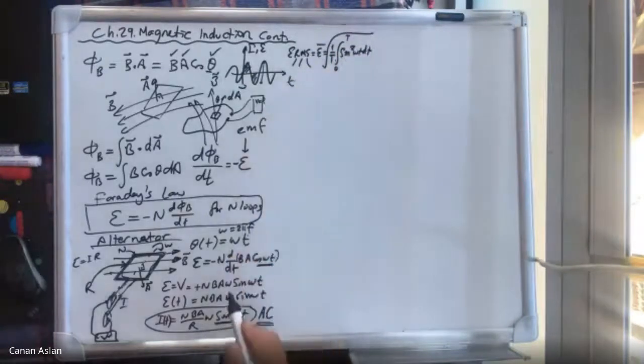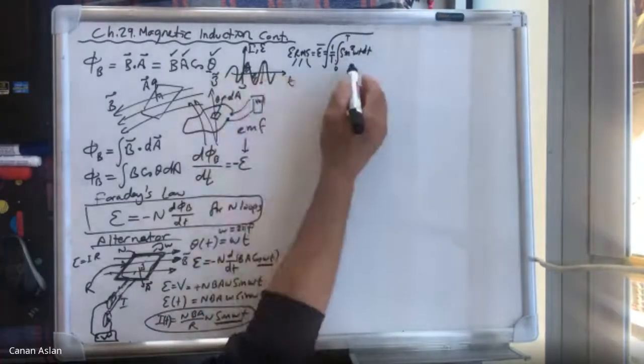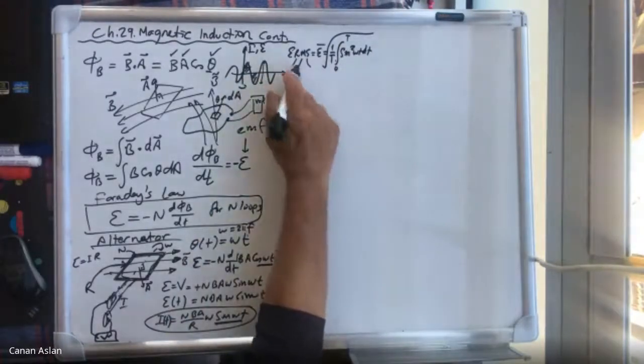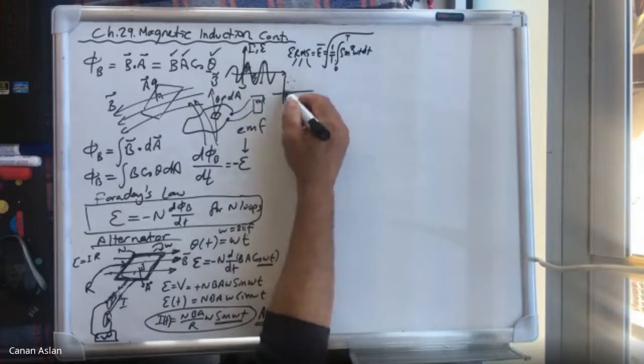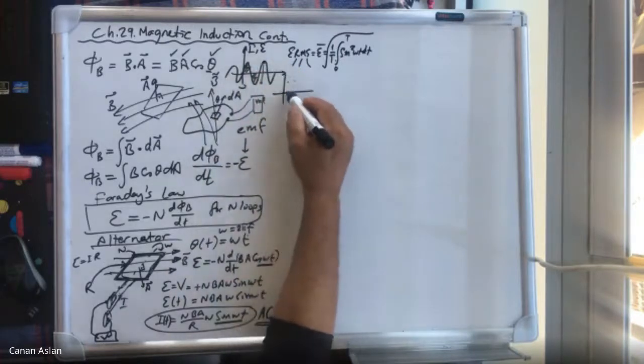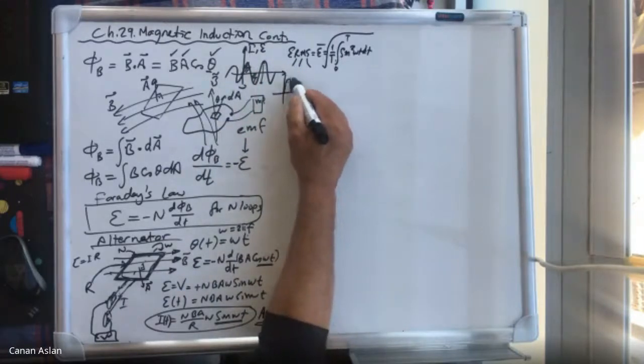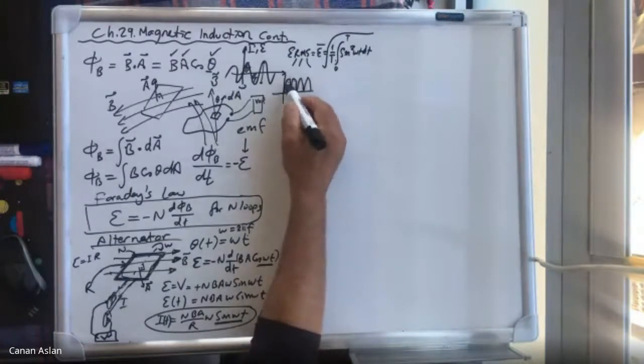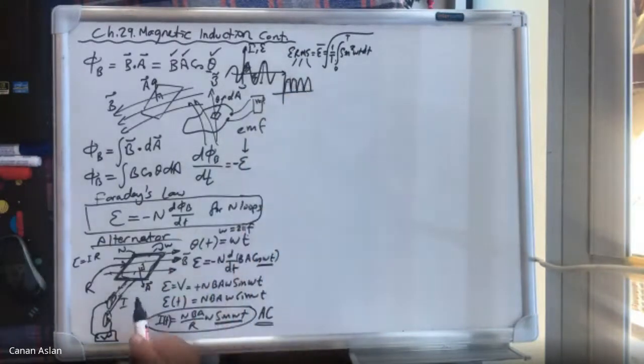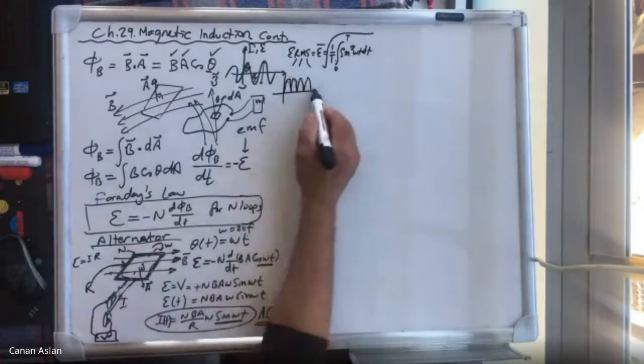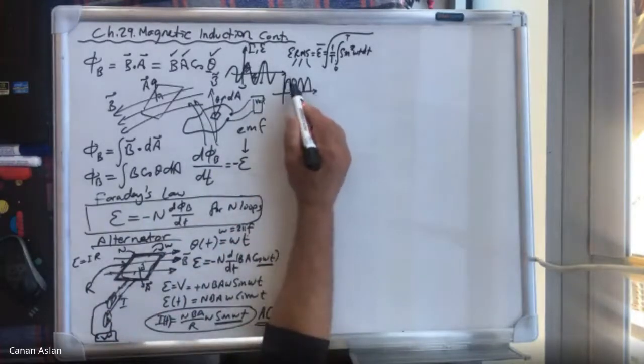So as you see, although sine omega t gives 0, the average of sine square omega t is a function like this. So these negative parts are flipped to the upper part, and probably the lengths are a little bit longer because you're squaring. All these negative parts are flipped over, and then everything is positive.